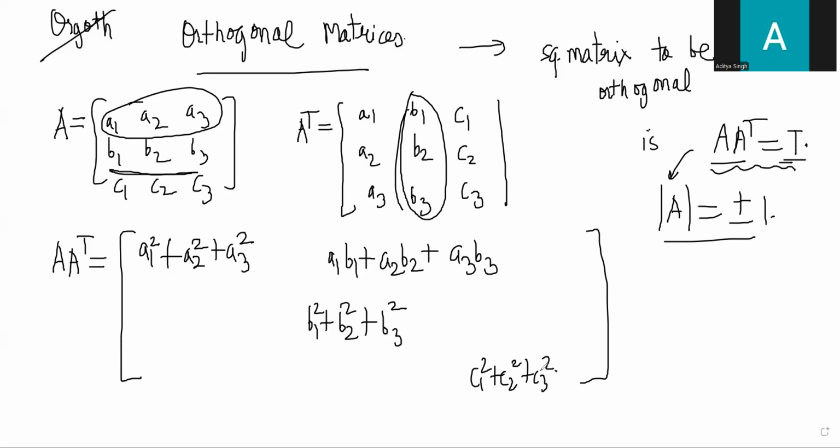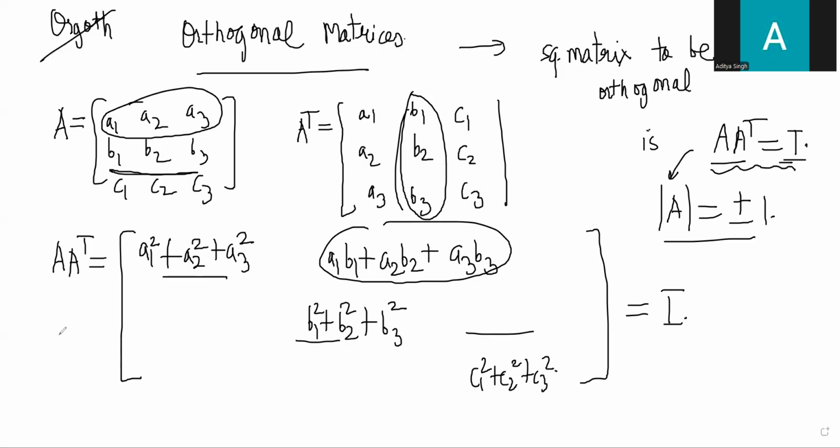Now, if A into A transpose is I, if this matrix was orthogonal, all of these should vanish and all of these should be 1, correct?